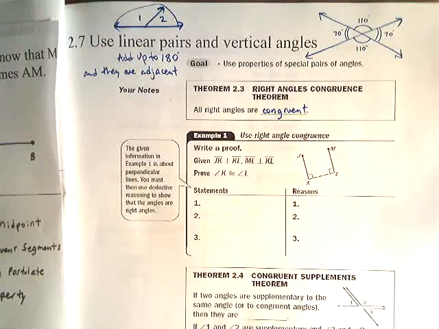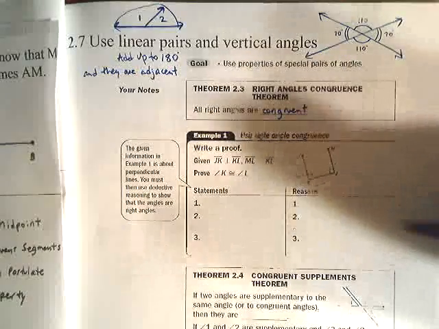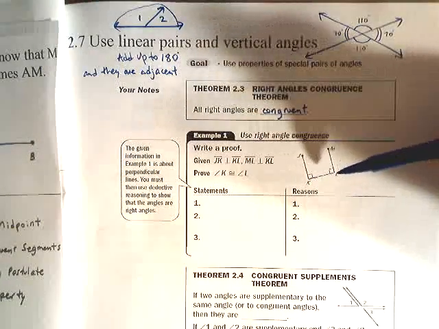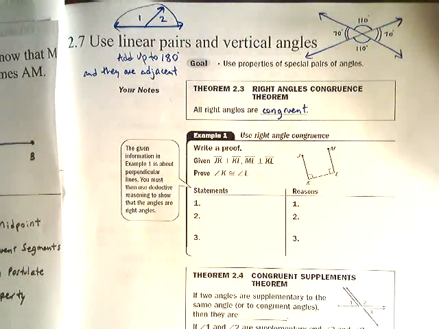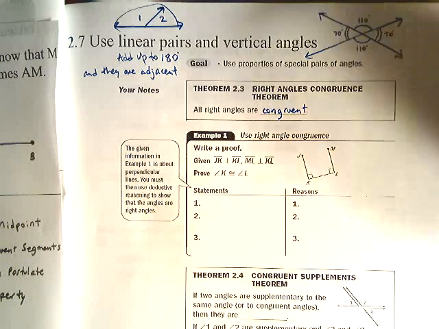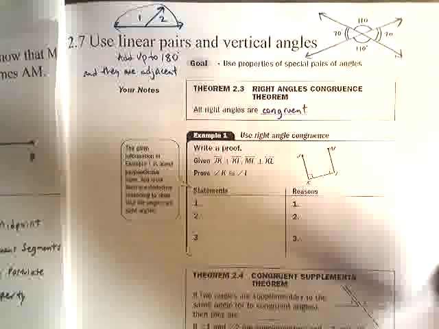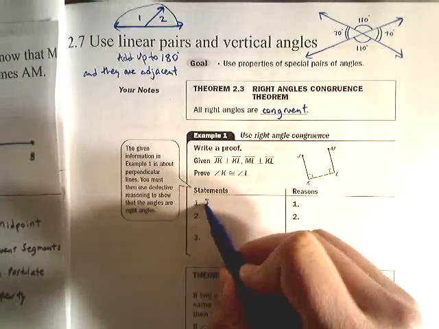So far in this chapter we've been working on proofs. This is yet another example of a proof. In this proof they want us to prove that angle K and angle L are congruent. Well, we can't just go ahead and say that they are. What we need to do is work from the given information. So we state our given information.